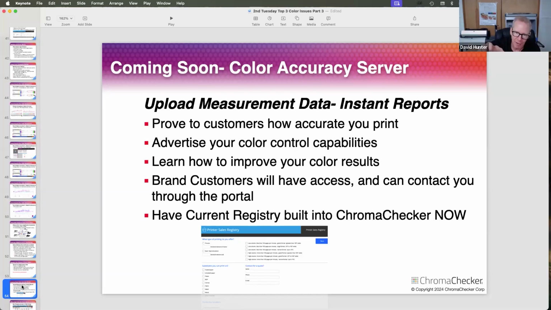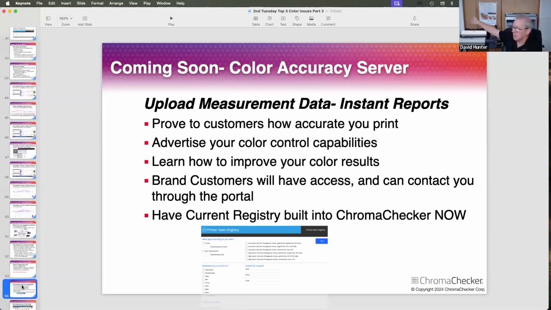Right now we do it within ChromaChecker, but our goal is to make this server available to the industry so that people can upload data to the server and see that, oh, ABC litho here is printing routinely a 3 E factor, XYZ litho is doing a 6.